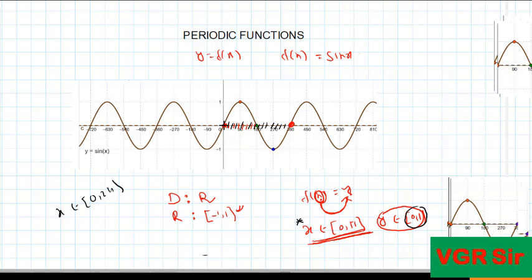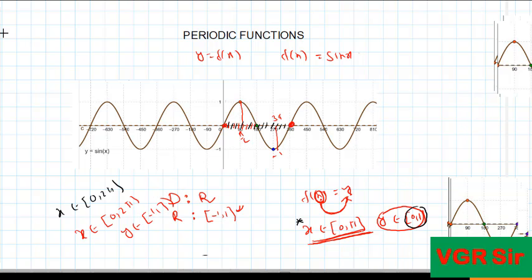The extreme value 1 we get for x equal to pi by 2. For 3 pi by 2, we get the least value, that is -1. So all the outputs we get, that is -1 to 1. If x is taken from 0 to 2 pi, y belongs to all of -1 to 1.